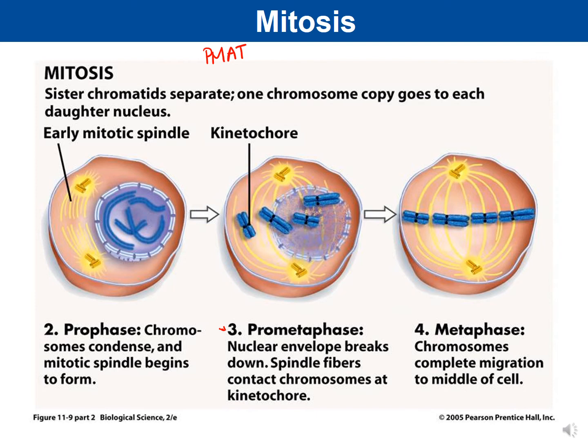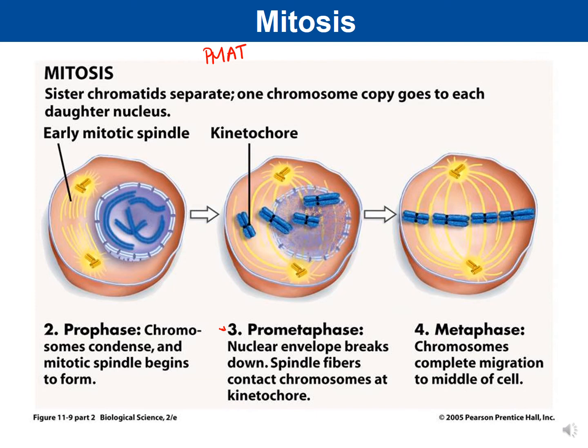That mitotic spindle is made of microtubules, this cytoskeletal element, and those microtubules are going to play a role in moving chromosomes within the cell. So we have our centrosomes, now we have our mitotic spindle beginning to form, so we have our microtubules coming out.